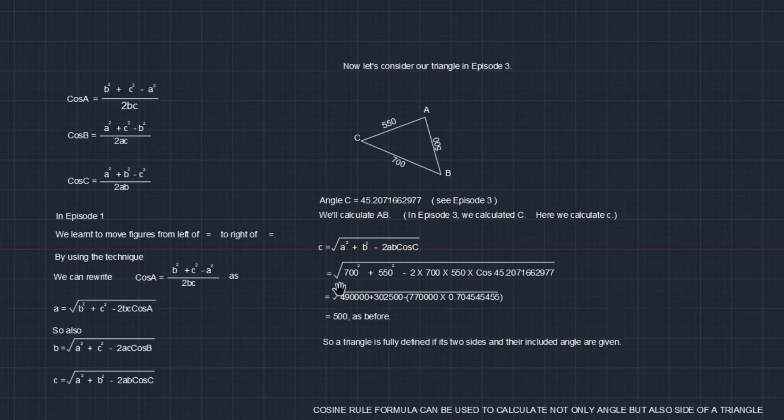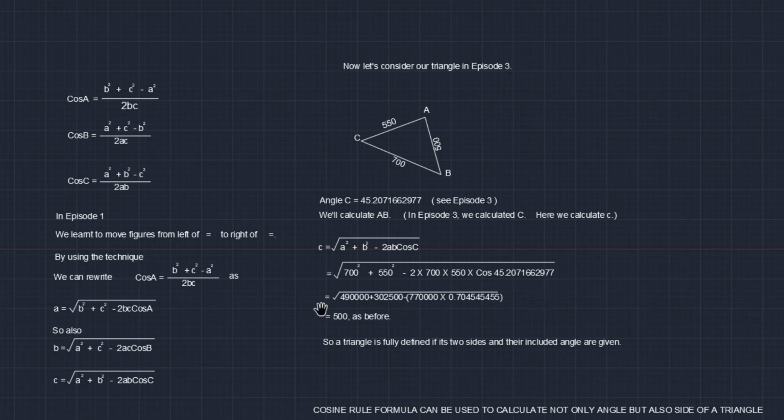So this is equal to square root of A squared, 700 squared, plus B squared, 550 squared, minus 2AB, 2 into 700 into 550 into cos 45.2071662977.